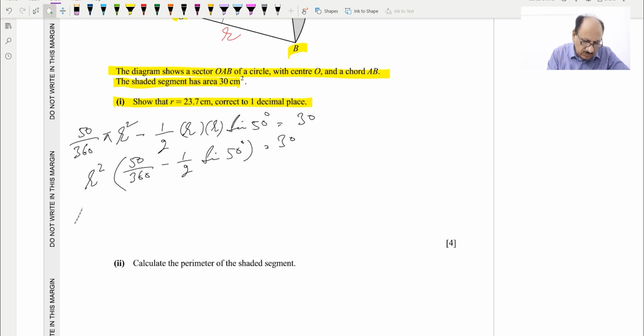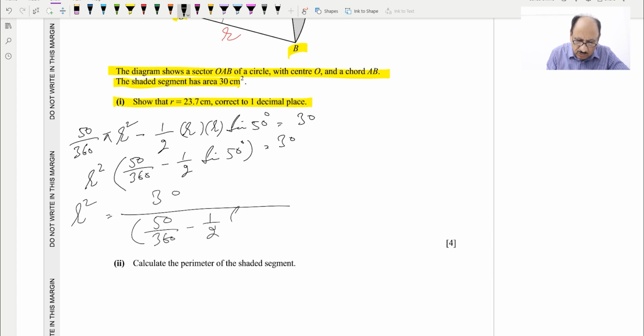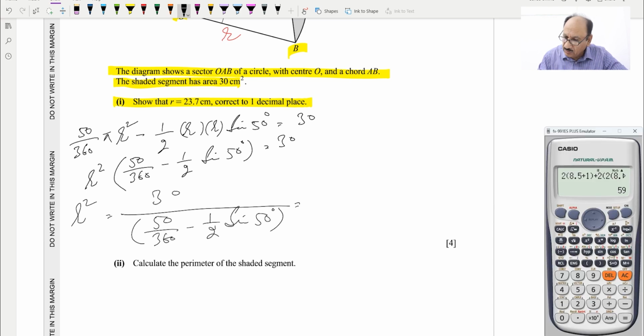Next, what we can do is R squared. We can write R squared is equal to 30 over this whole thing. We are shifting to the other side, 360 minus 1 by 2 sine of 50 degrees, and this will be equal to 30 over, in brackets, the fraction 50 over 360, minus 0.5 sine of 50 degrees.